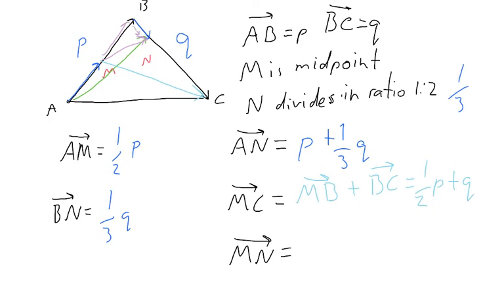So looking at that, we can see that that's a half of P plus a third of Q. And that's how we use scalar multiplication, or division in this case, to help us with identifying vector expressions.